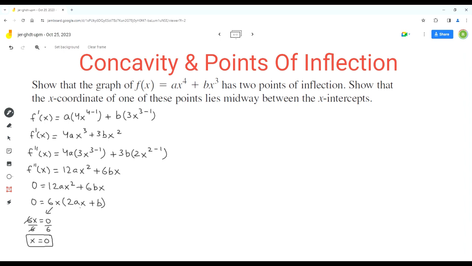Now we can analyze the second case. So now we can subtract b from both sides because we have to isolate x in this equation. So the b's on the left side get cancelled out.